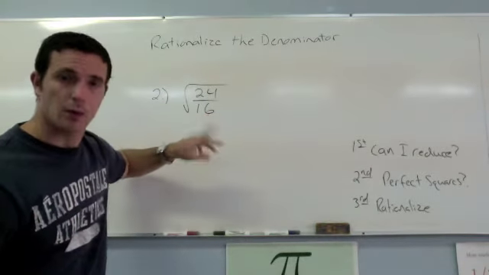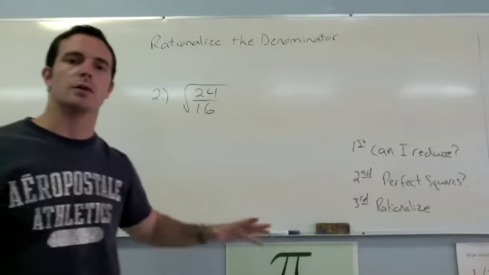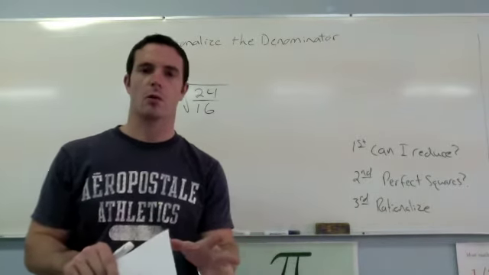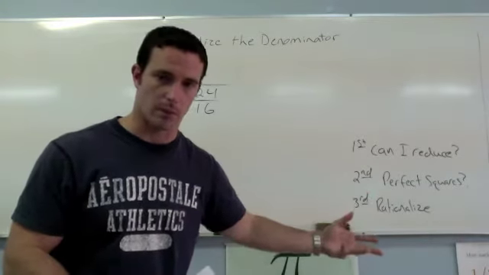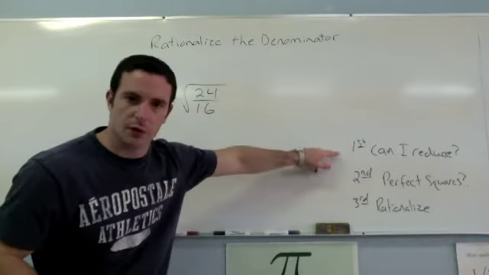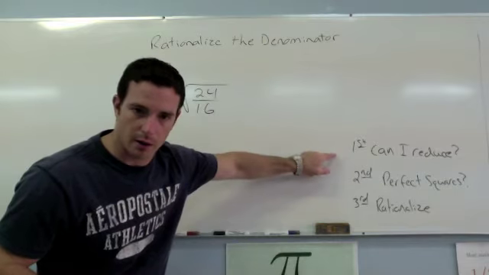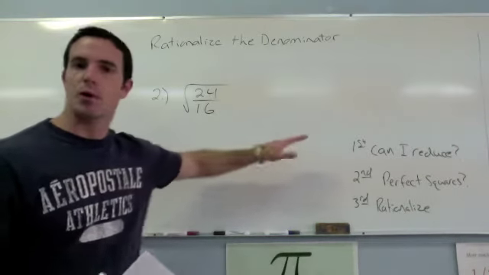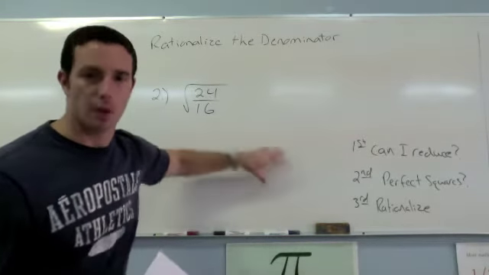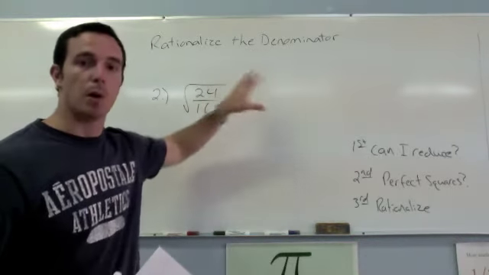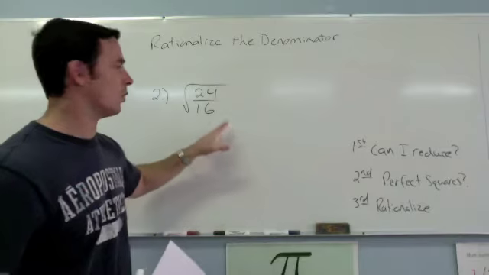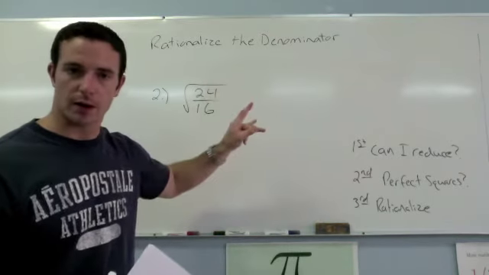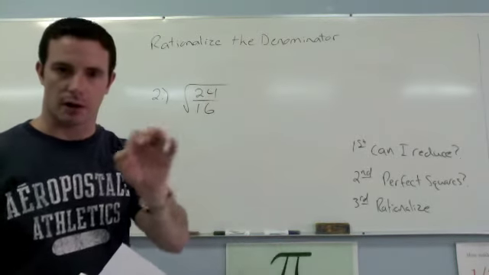But when you reduce first, you give yourself smaller numbers to work with, which make the other steps much easier to perform. So always start with this first, reduce first if you can. The only time you would not reduce first is if both numbers were perfect squares. If both numbers are perfect squares, then just take the square root. But if only one number is a perfect square, it is easier to reduce first.